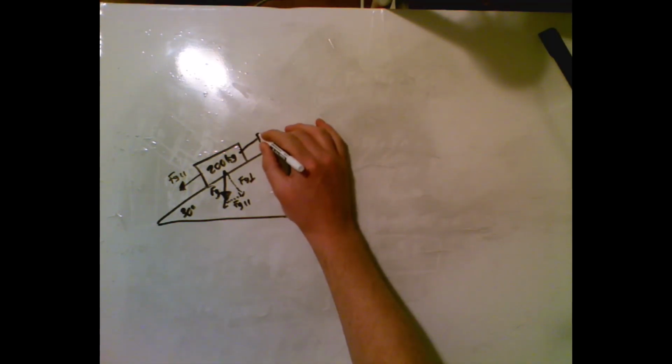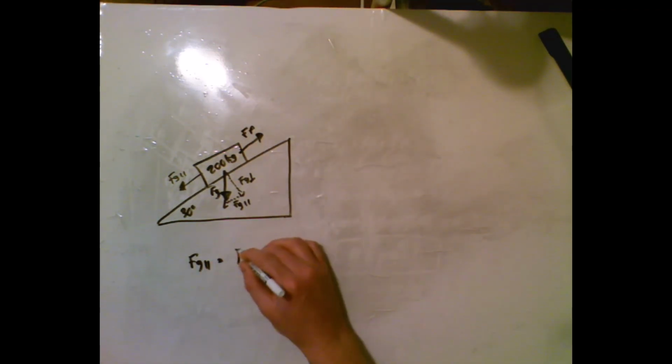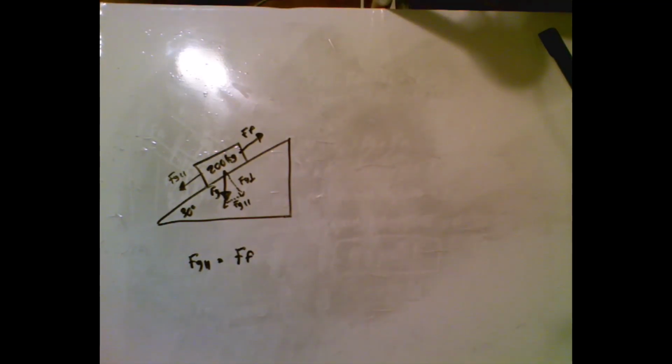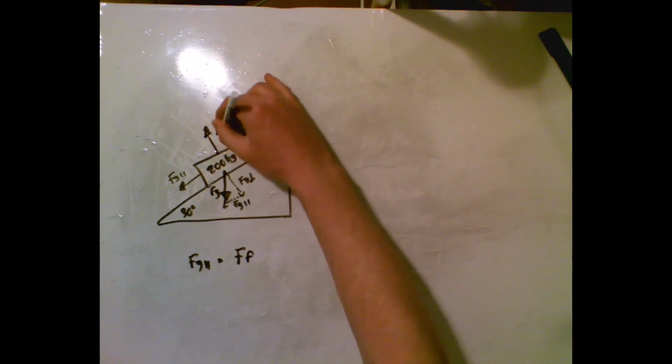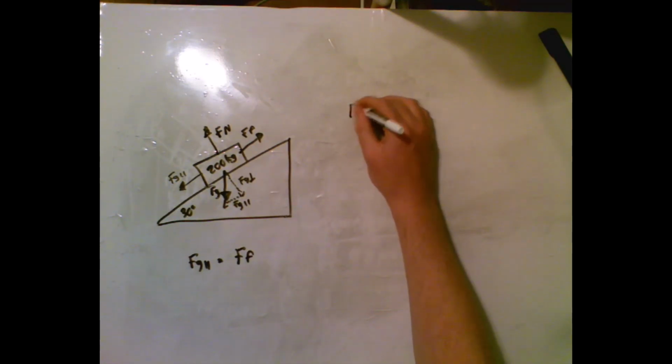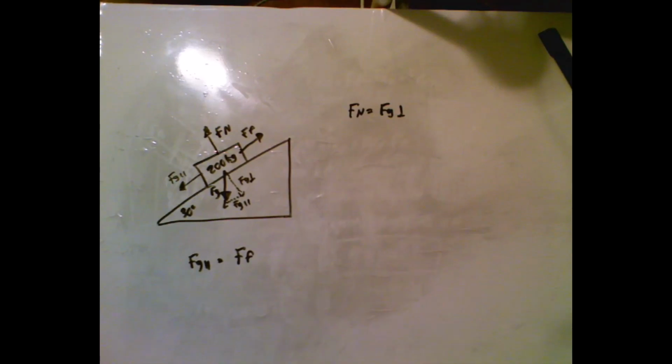Because it moves at a constant velocity, we know our force of gravity parallel is equal to our force of friction. And we also have force normal perpendicular to the surface, and as with all inclined planes, our force normal is equal to our force of gravity perpendicular.